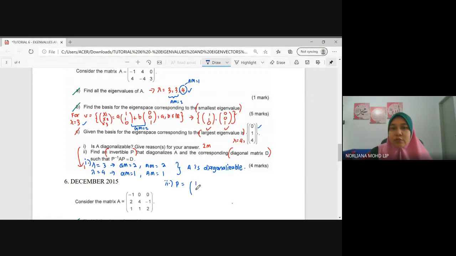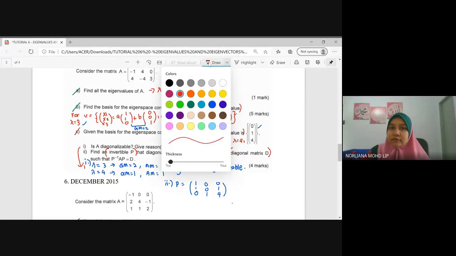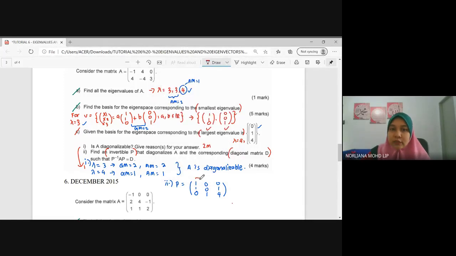So salin balik 1, 1, 0. The first column is the first basis. And then second column the second basis 0, 0, 1. And the third column is for the third basis for lambda equal to 4: 0, 1, 4. Boleh ni? Kalau susun terbalik pun boleh. Okay, yang ni untuk lambda equal to 3.